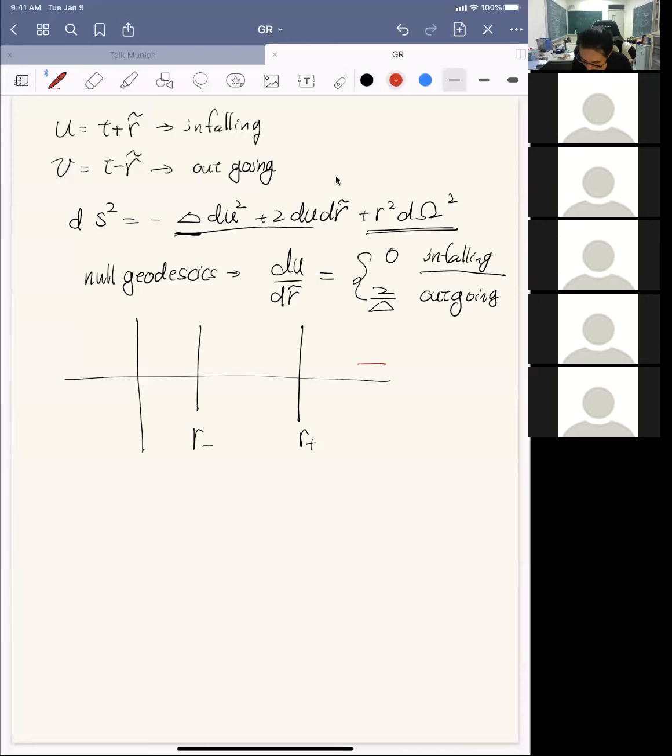Sorry, my iPen just died. I just need some battery charging. Okay, let me charge my pen for 10 minutes. Do you guys want to take a break for 10 minutes and then we continue? Because as you can see, I have no battery in my iPad. I think 10 minutes should be enough. I can't really write anything right now.